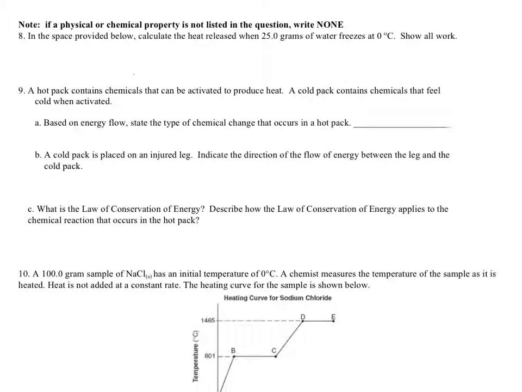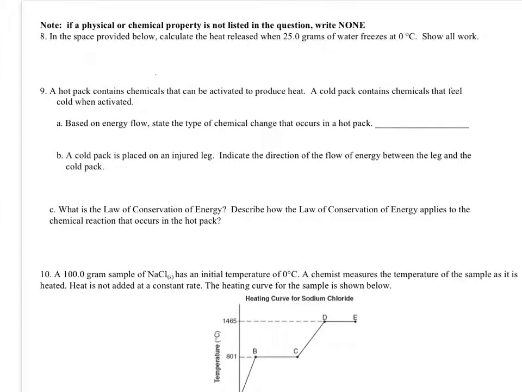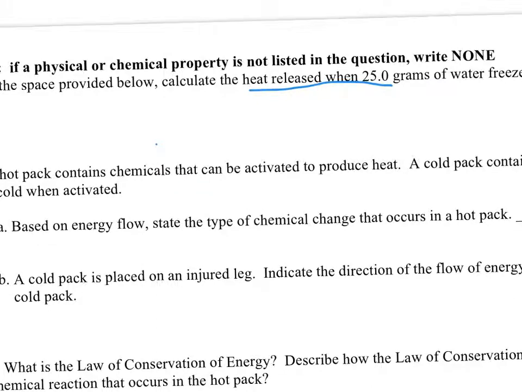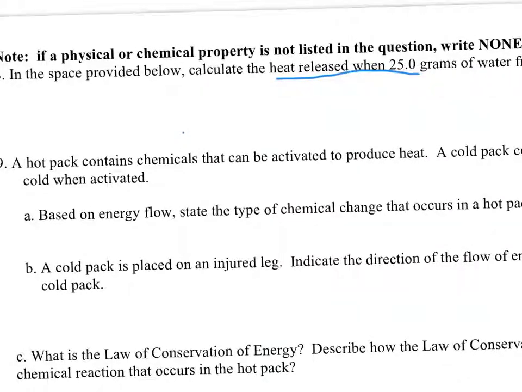We are calculating the heat released, that means Q, when 25 grams of water freezes at 0. Okay, there is no temperature change listed here. So because there is no temperature change, we know that we have a choice between Q equals m heat of vaporization or Q equals m heat of fusion.